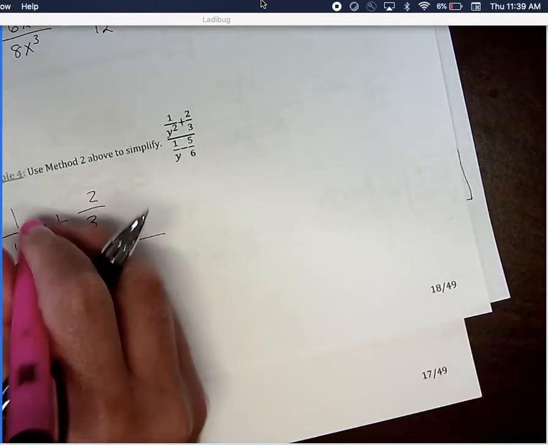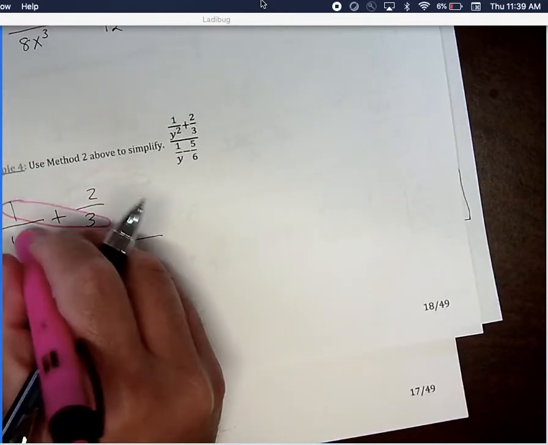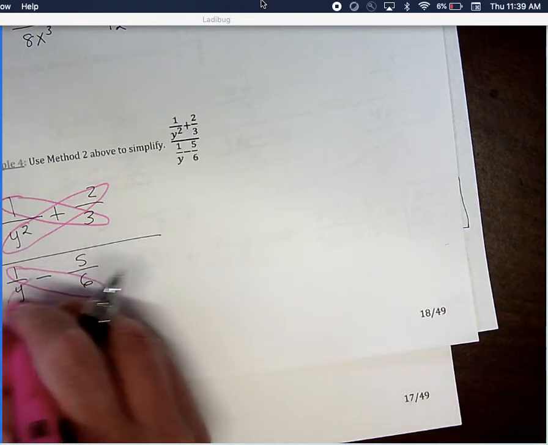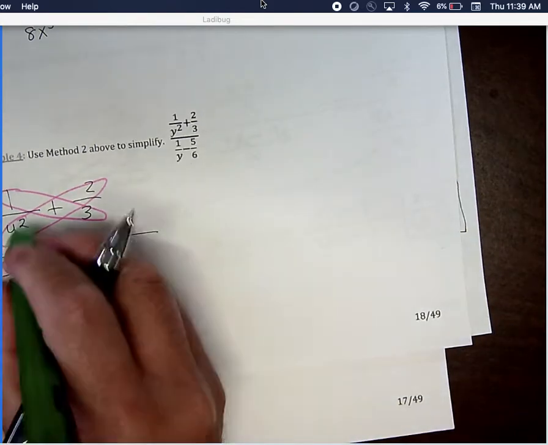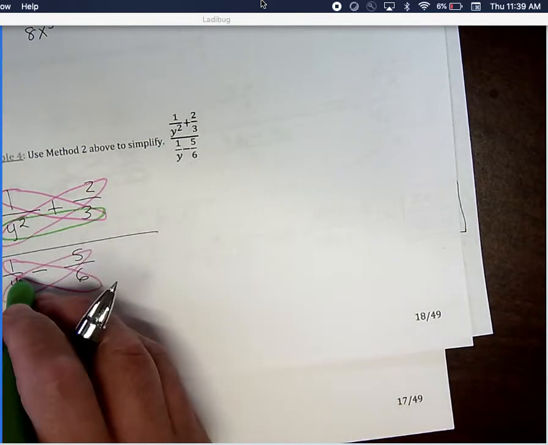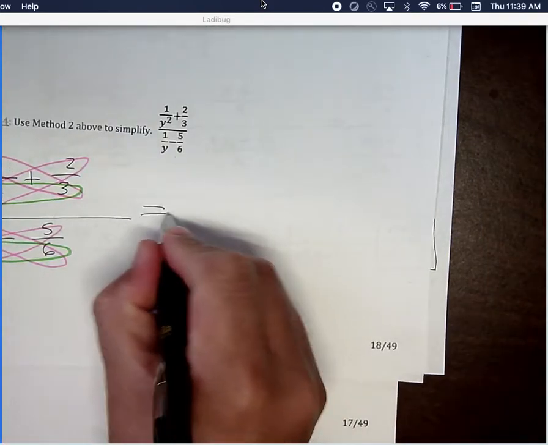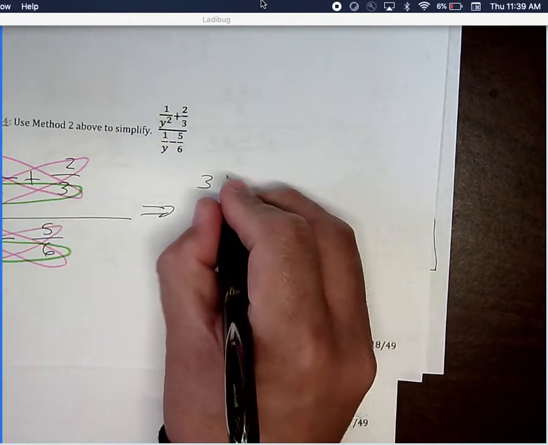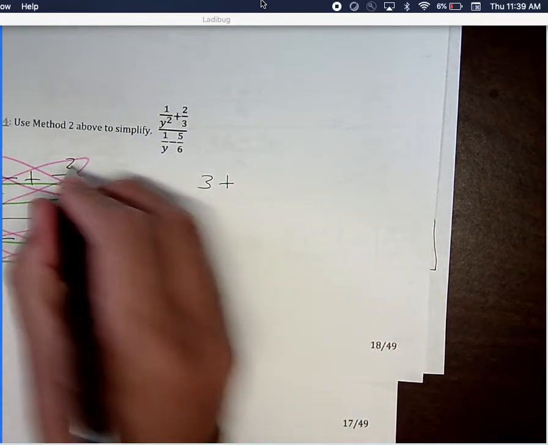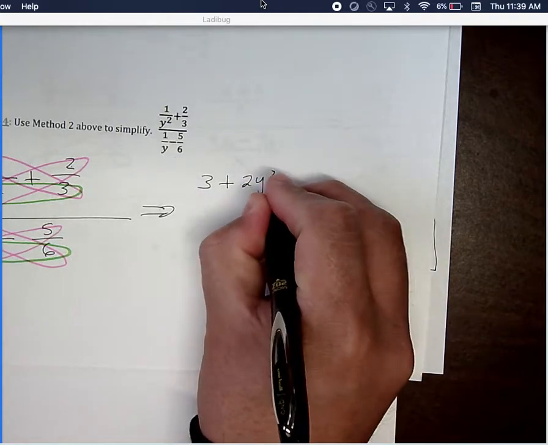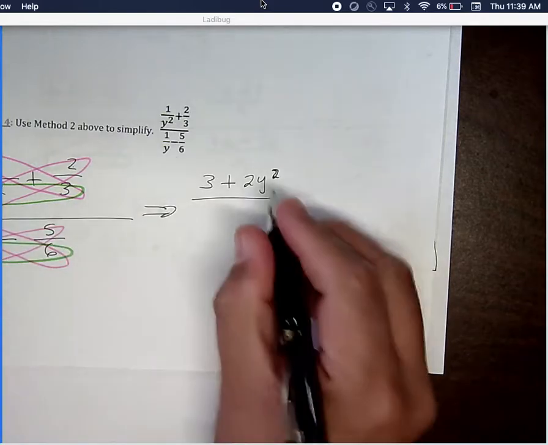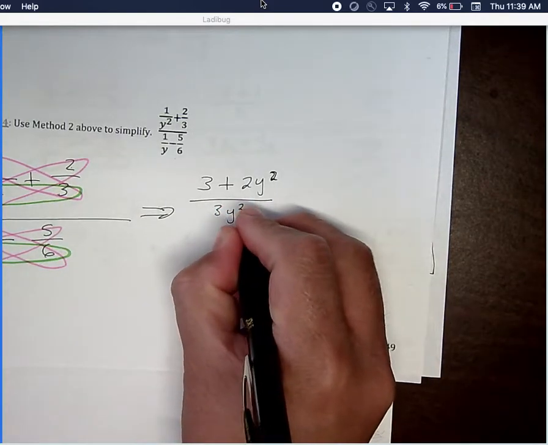So again, we can do this, that, and so let's do it. 1 times 3 is 3, then plus y squared times 2 is 2y squared, over y squared times 3 is 3y squared.